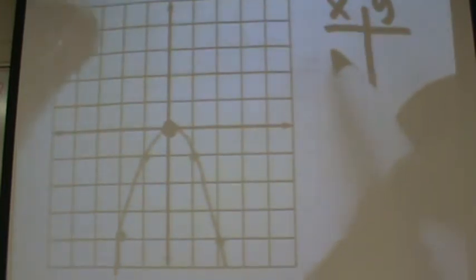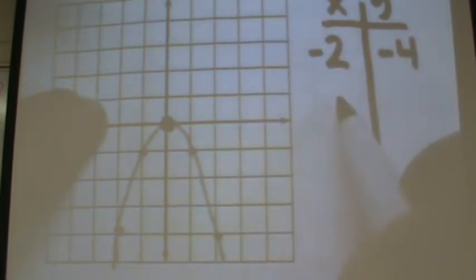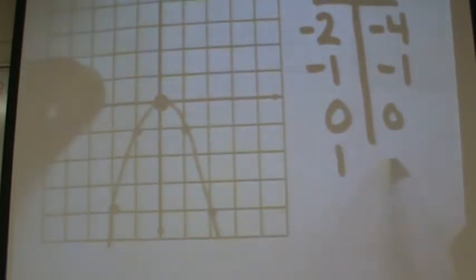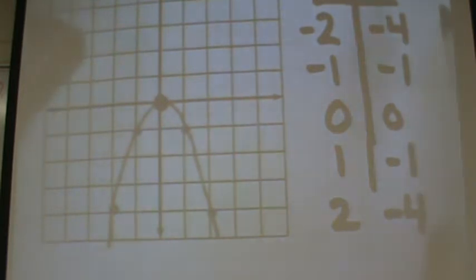So if you look at your ordered pairs, if you take your T-chart, you have (-2, -4), (-1, -1), (0, 0), (1, -1), and (2, -4). You're going to switch these points around.